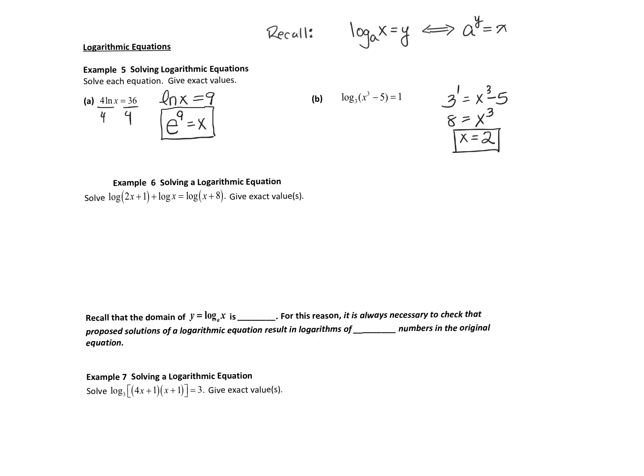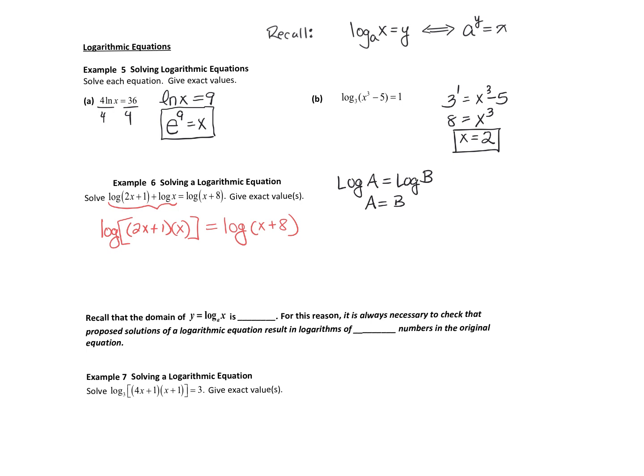For our third example, we have a log plus a log equal to another log. Well, if we go back to our properties of logarithms, I should be able to condense these logarithms as the log of 2x plus 1 times x equaling the log of x plus 8. Now what we know is that if the log of one number equals the log of another number, then those two numbers must be equal.